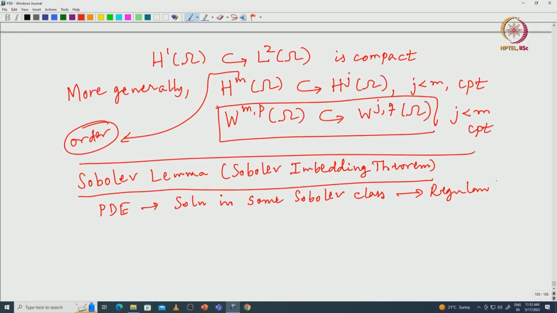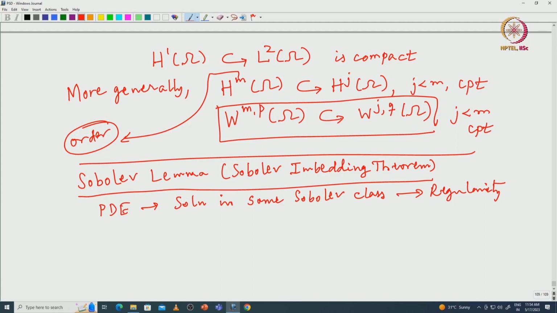In many situations it is possible to obtain this m as large as possible, by putting appropriate conditions on the inhomogeneous term or on the initial data or boundary data, as the case may be. You will see those things in the actual discussion of PDE.